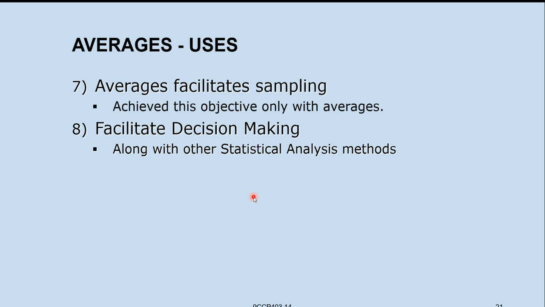So decision making is done in most of the cases with the help of averages. That is either arithmetic average, median, mode, or geometric mean, or harmonic mean.